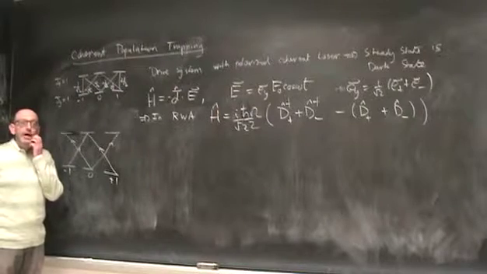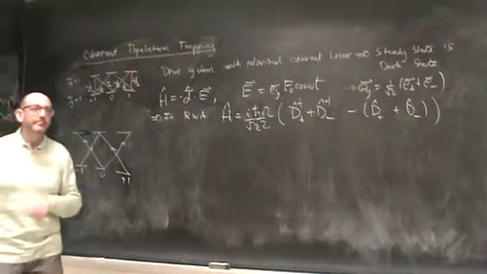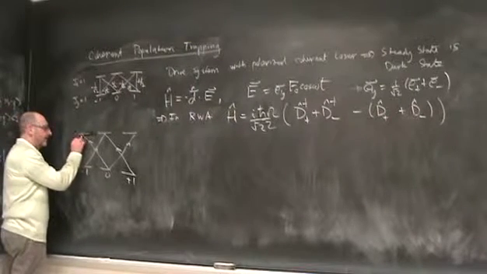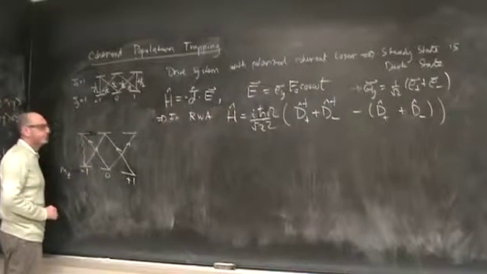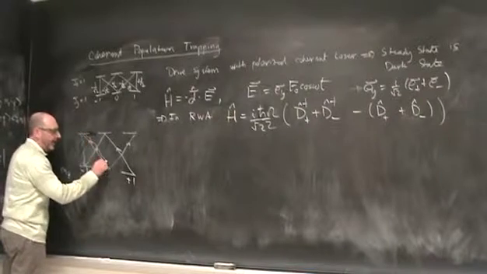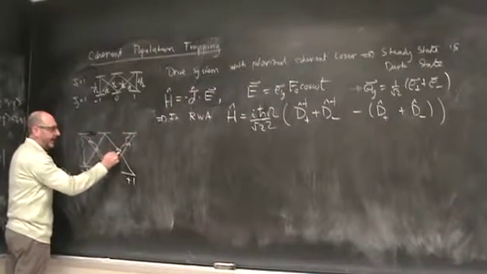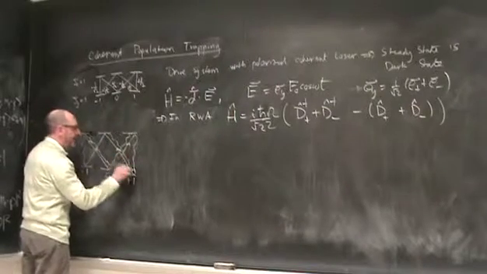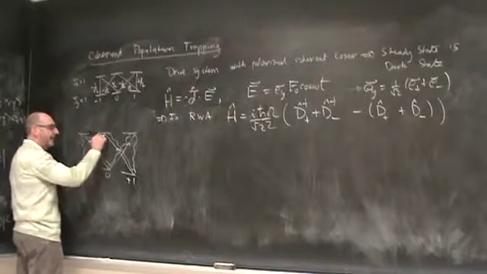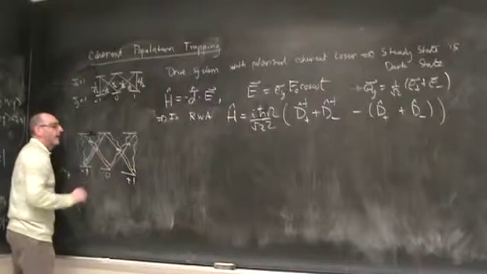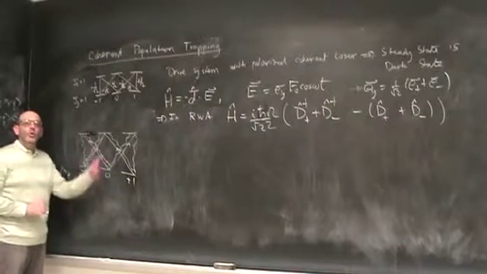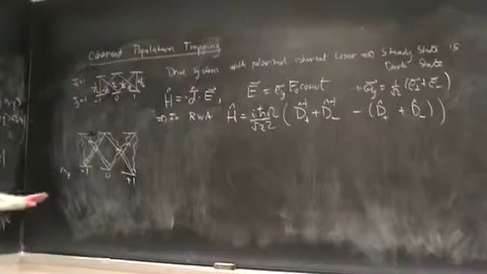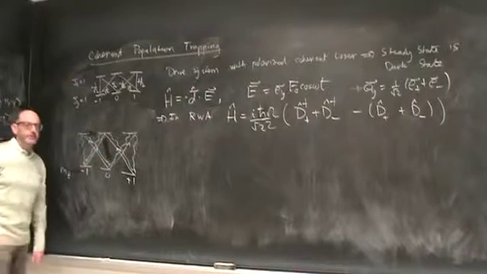Now, we can have spontaneous emission, and that can take me like that, or like that, or like that, but it can't take me like that because the Clebsch-Gordan coefficient vanishes. So that is just not an allowed transition.